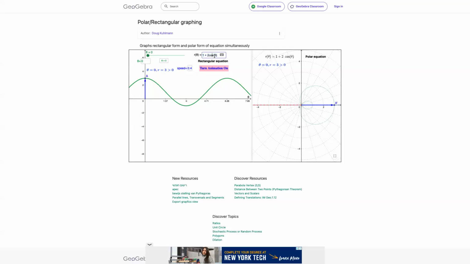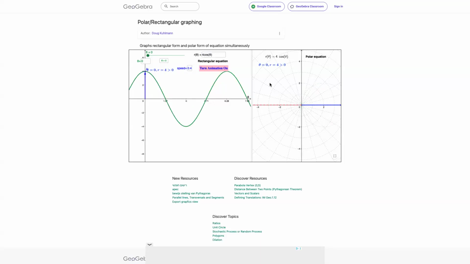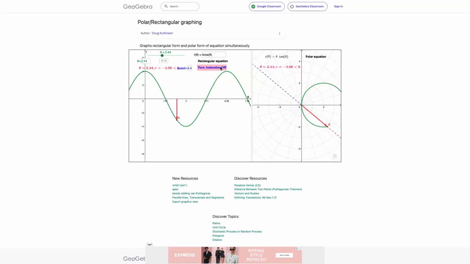I'll just copy theta, and then I'm going to draw the graph for 4 cos theta. Now I want to turn the animation on. See what happens. Do you see the graph? See the graph goes till, see the linear graph as well, see what happens. Yeah, I'll stop here.